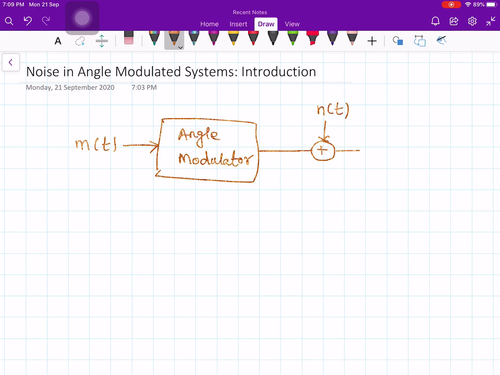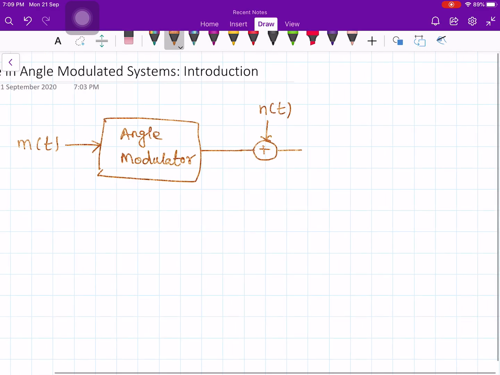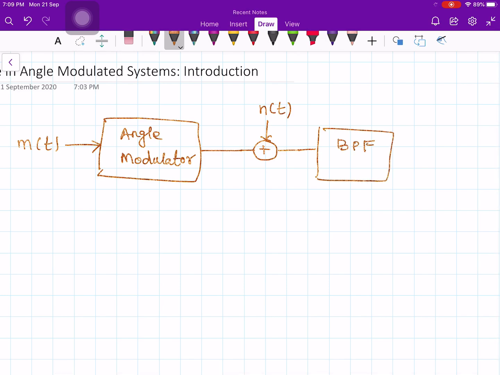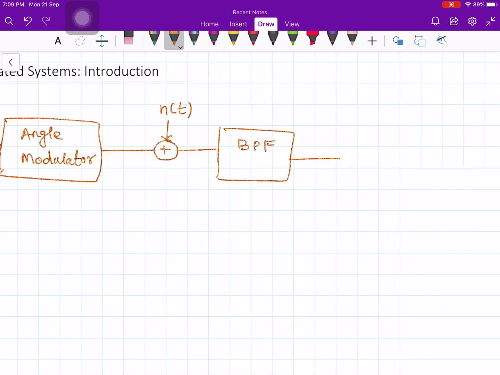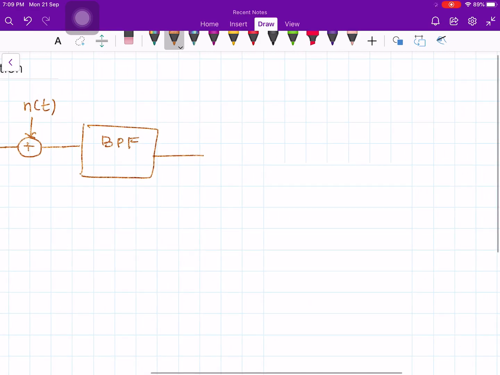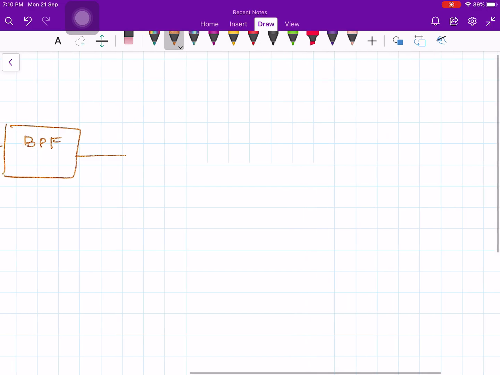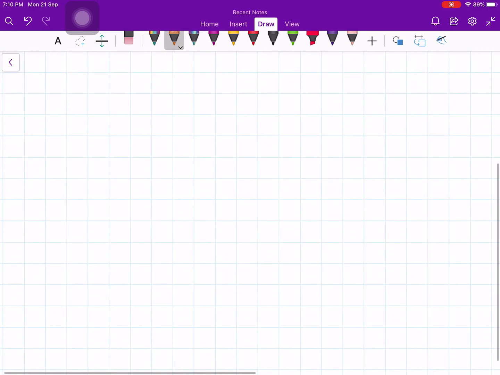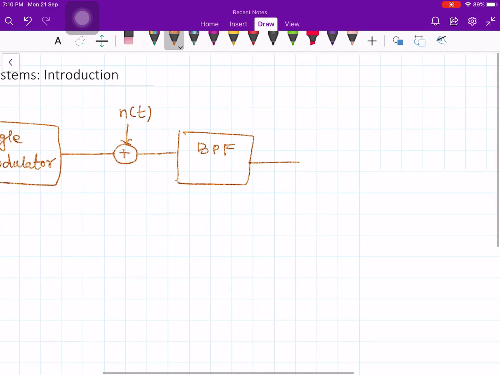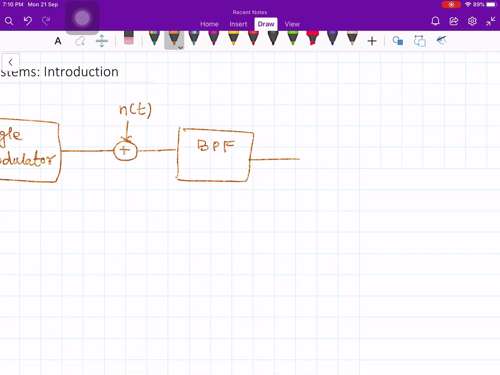At the receiver, at the front end, you have to select the signal, right? You have to select the signal of interest using a band pass filter. Therefore, after this, you must have a band pass filter, and then followed by a demodulator.